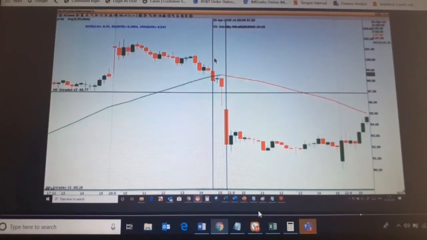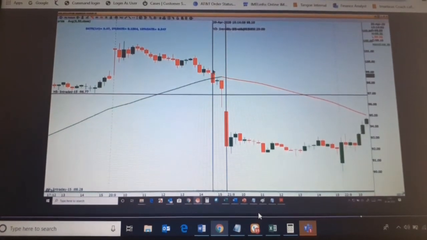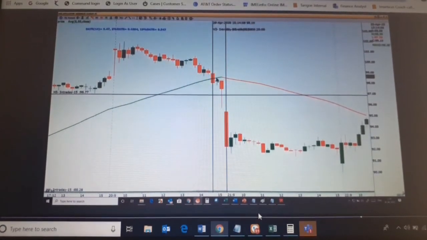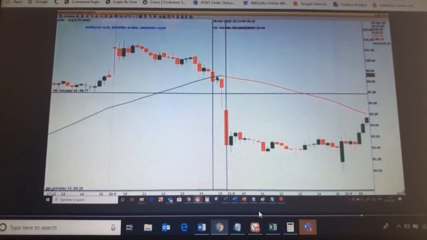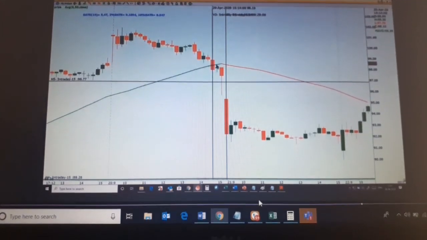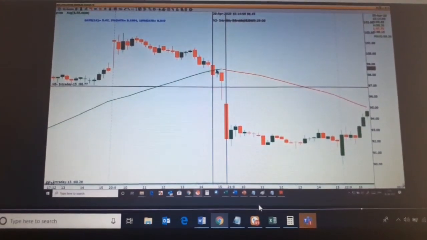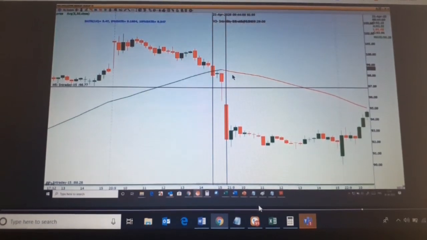Is this a reversal pattern or a continuation pattern? It's a continuation pattern. In a continuation pattern, should we ignore the leg-in or consider the leg-in? You should ignore the leg-in. So tell me, where will the proximal line and the distal line be coming?